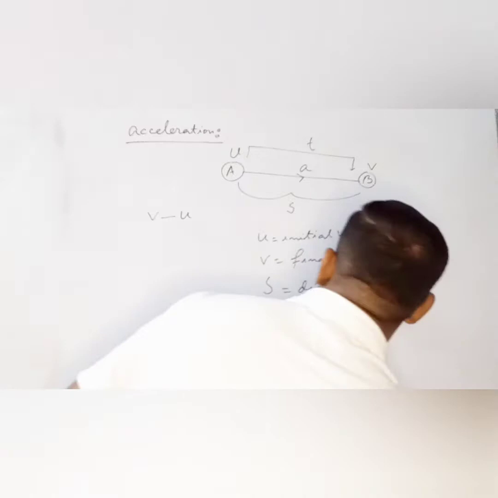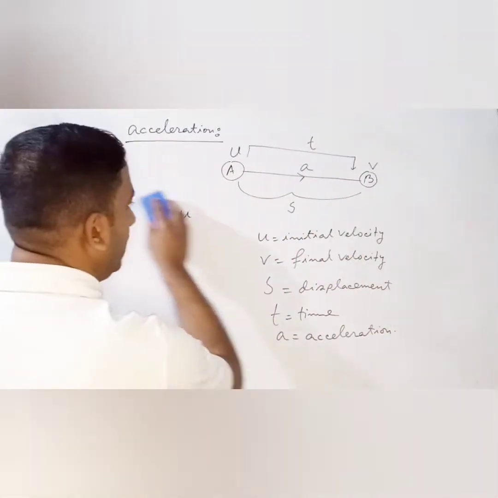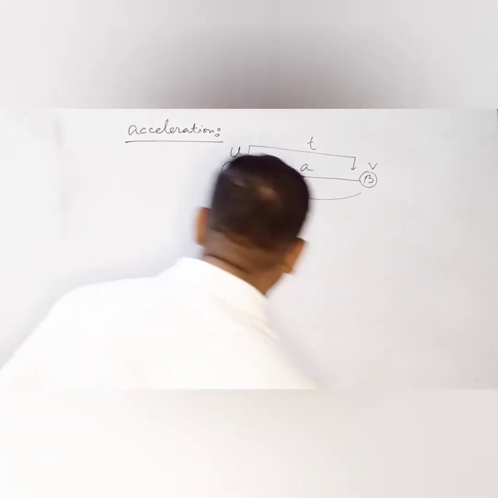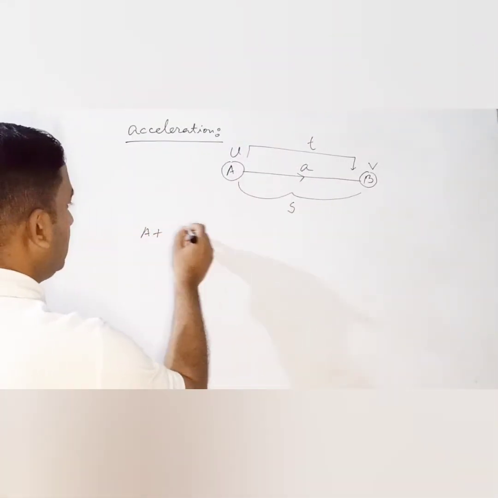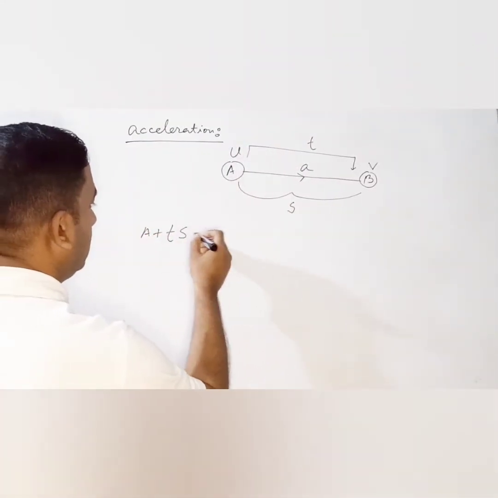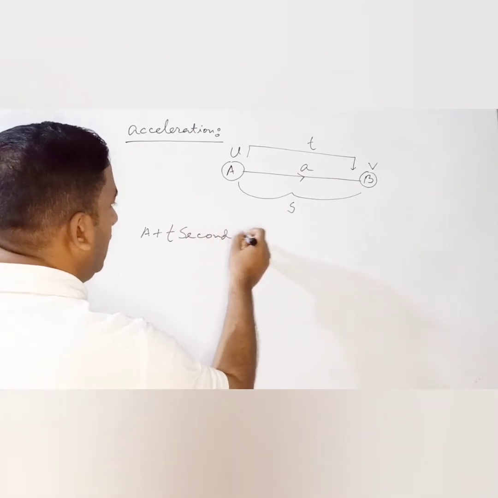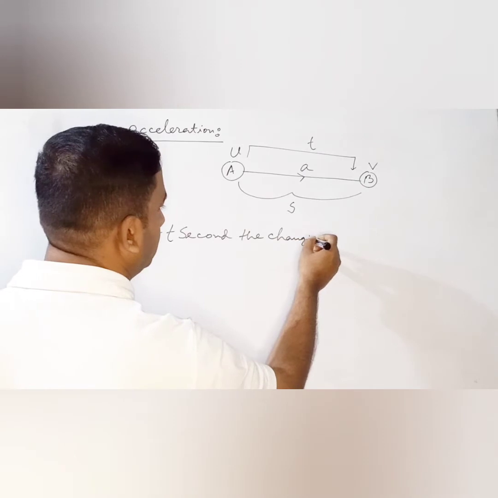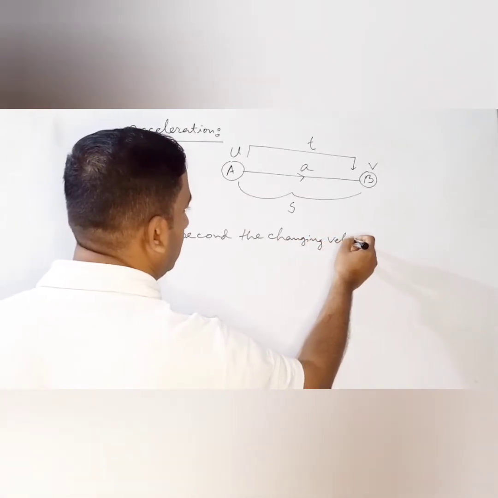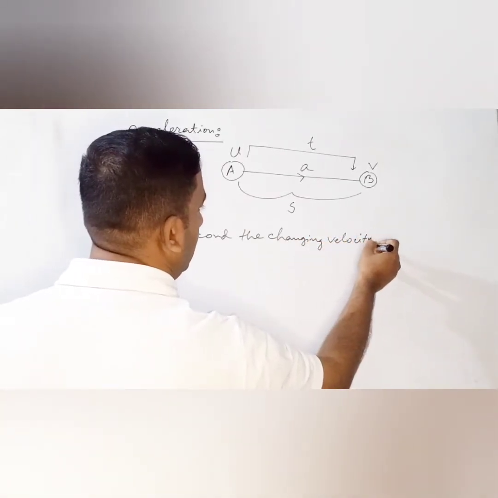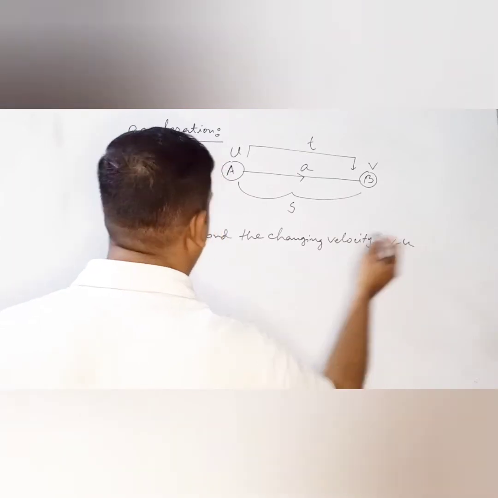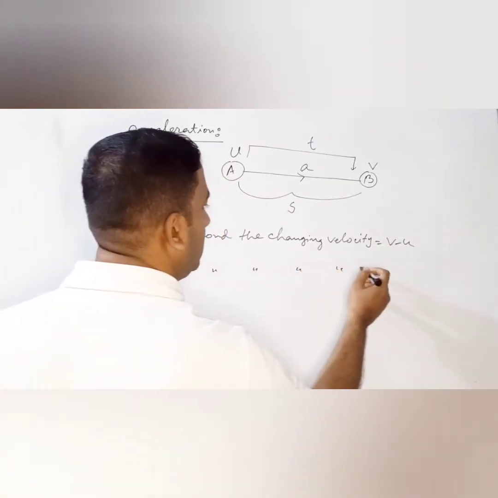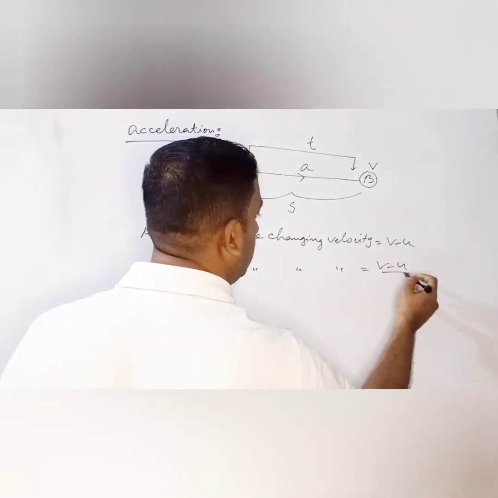So, I think we can write here, at t seconds, the changing velocity equals v minus u. So at 1 second, the changing velocity equals v minus u by t.